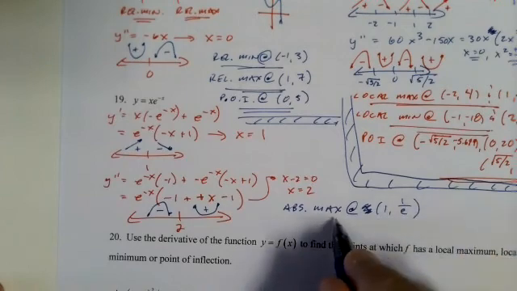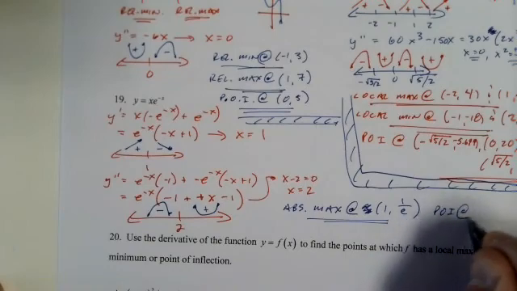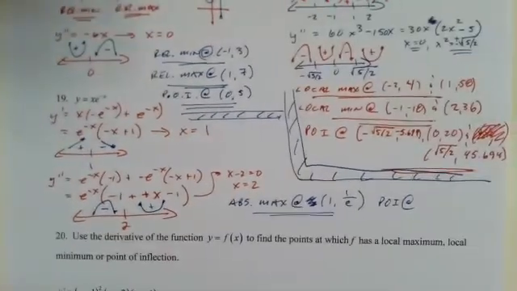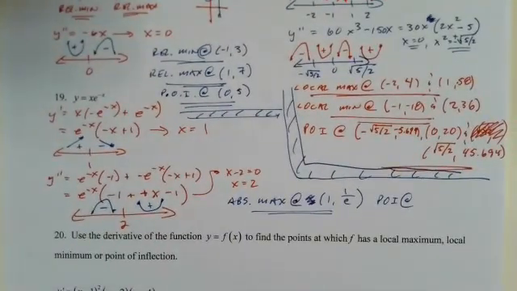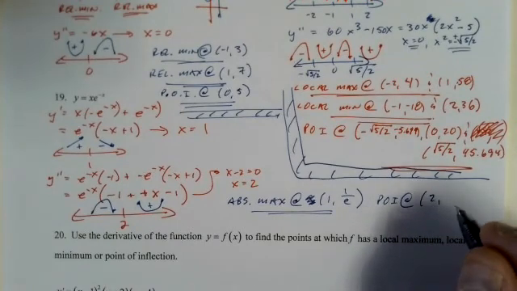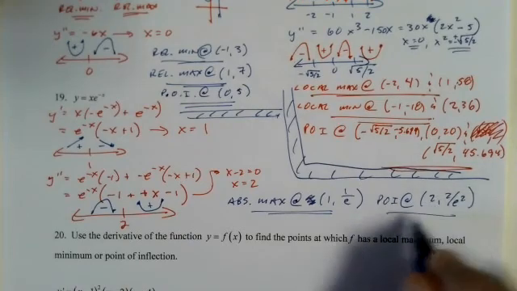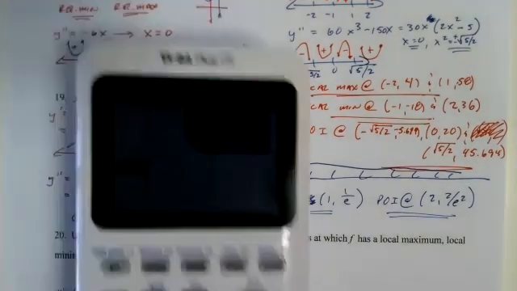I feel like I've done this problem before. And POI at 2, 2 over e squared. This one I got a graph.